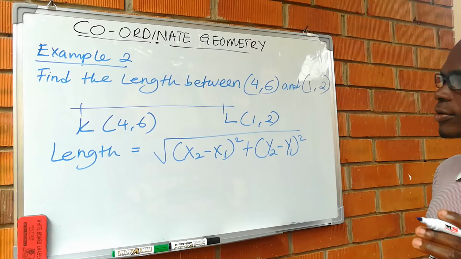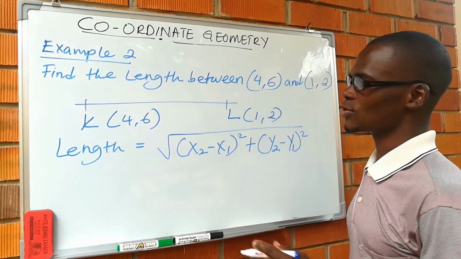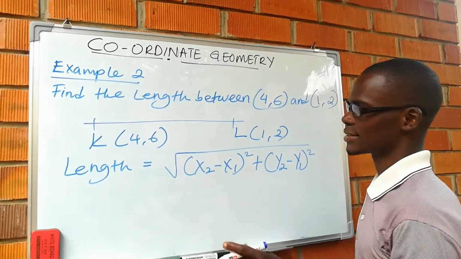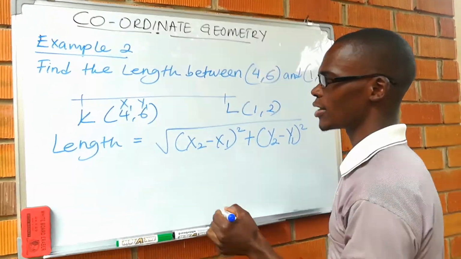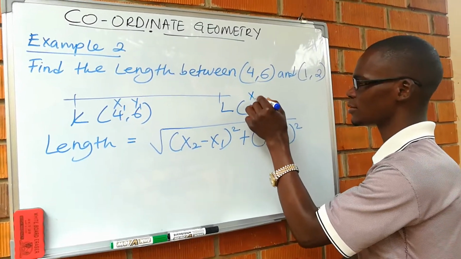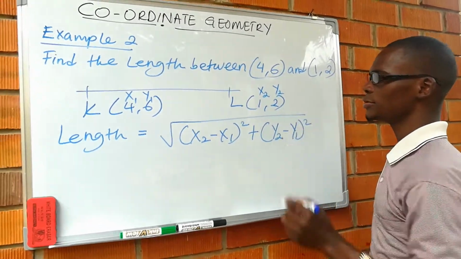So the first task is to name these coordinates. Let's say this could be x1, y1, x2, y2.